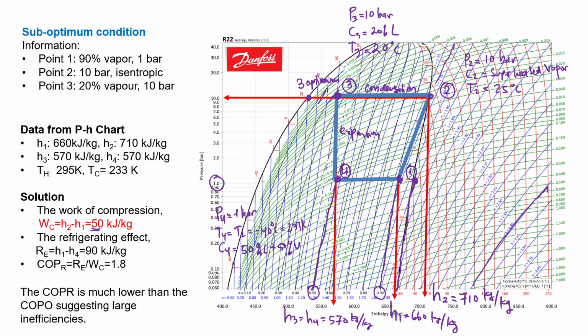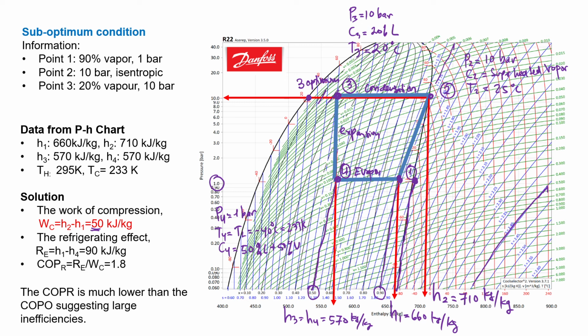Refrigeration effect: you notice that in this process, the compression work is exactly the same as the one before. That is what underperforming means. Underperforming means the refrigeration effect is much lower. So the refrigeration effect we obtain during the step 4 to 1 during the evaporation.